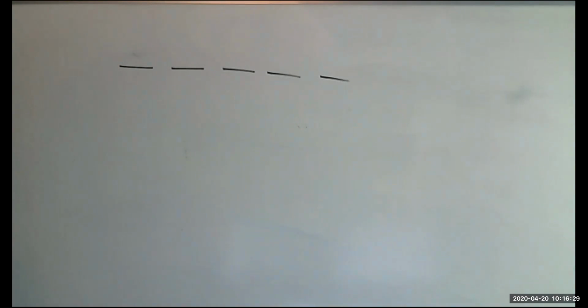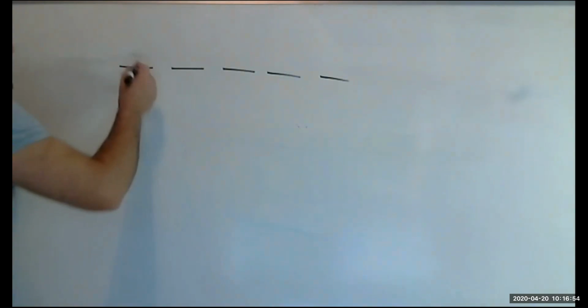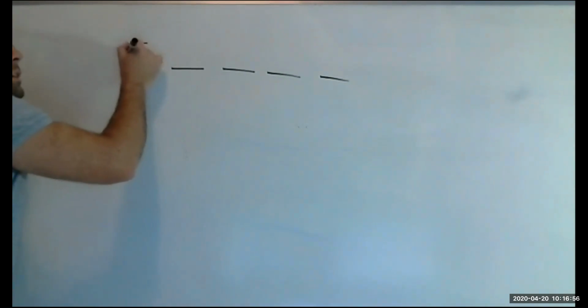How many possibilities are there for the first spot? How many different things can you put in that first one? 5, yeah, because you could put 1, 2, 3, 4, or 5.